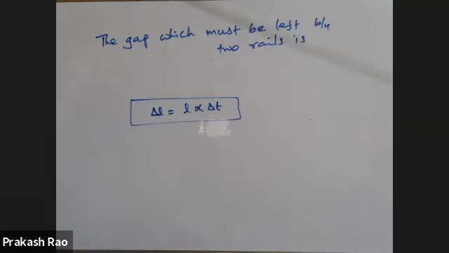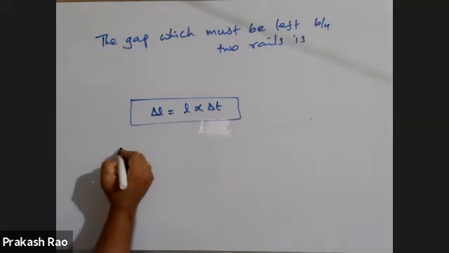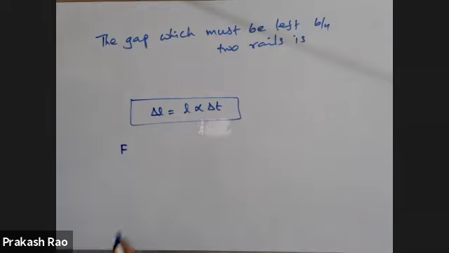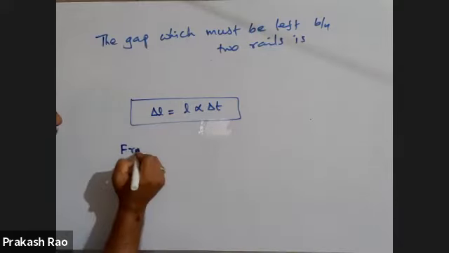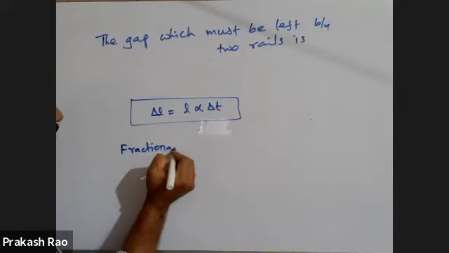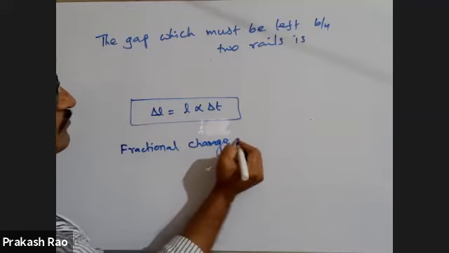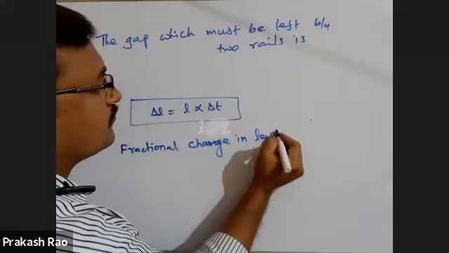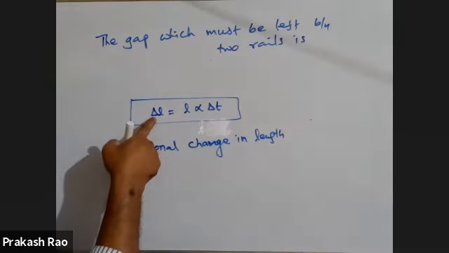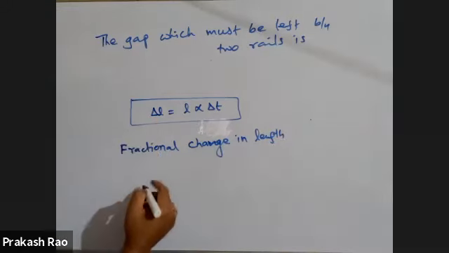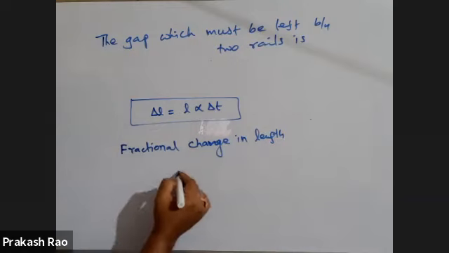Next, another very important thing is fractional change in length. Sometimes in exams they also ask, what is the fractional change in length. This is the change in length. Change in length by initial length is called fractional change in length.